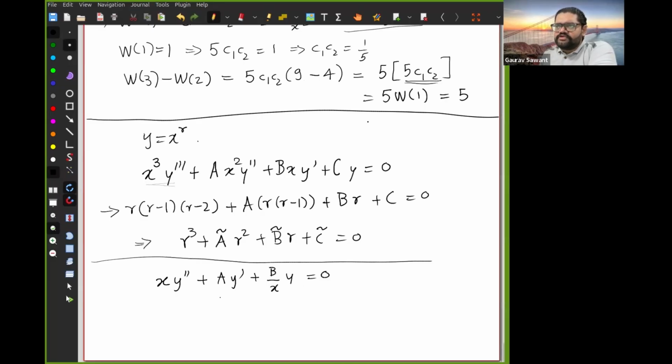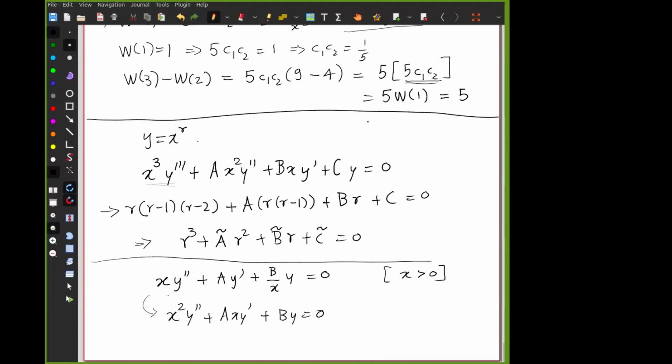This kind of situation is also possible. But then there is an underlying condition of x strictly greater than 0. So you are actually allowed to multiply throughout by x so that your degrees are matching. And you will get x square y double dash plus a x y dash plus b y equal to 0. Then it gets to a standard form and you can solve it.